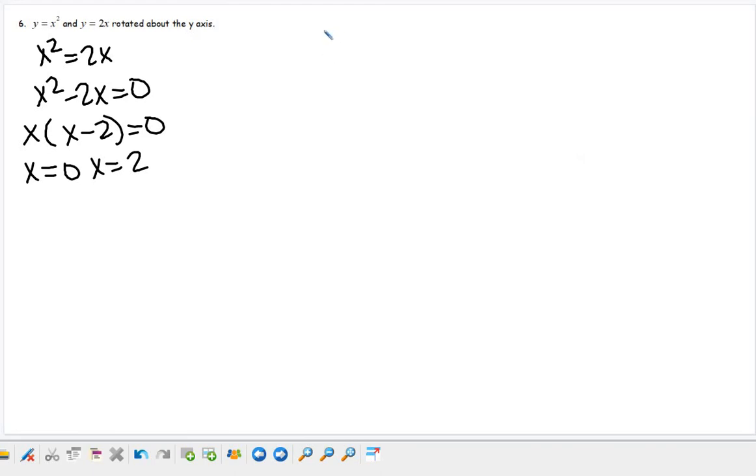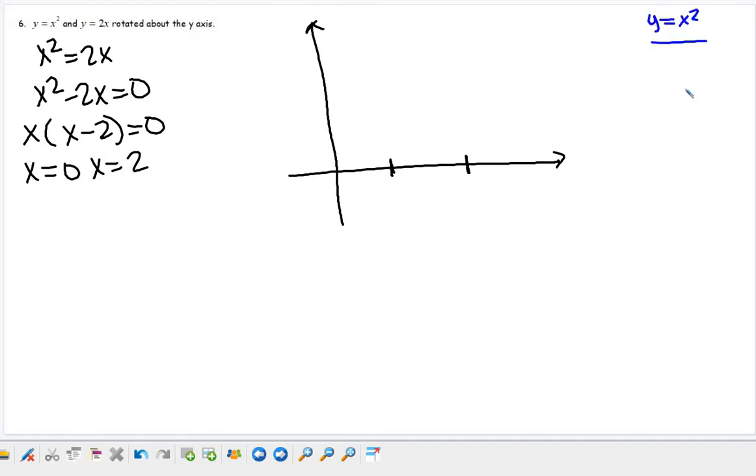So I'm still in the first quadrant. So y is equal to x squared: 0, 4. And y, let me do red, it's a little bit easier to see.